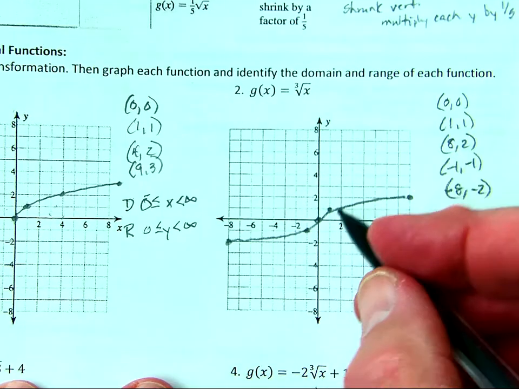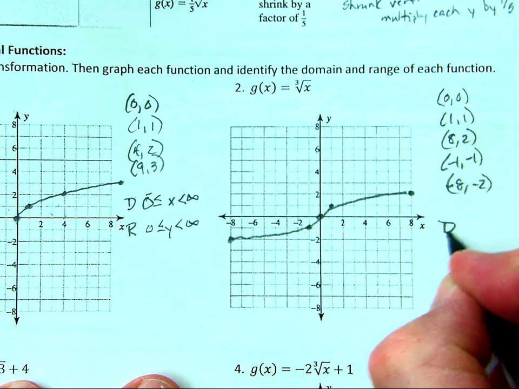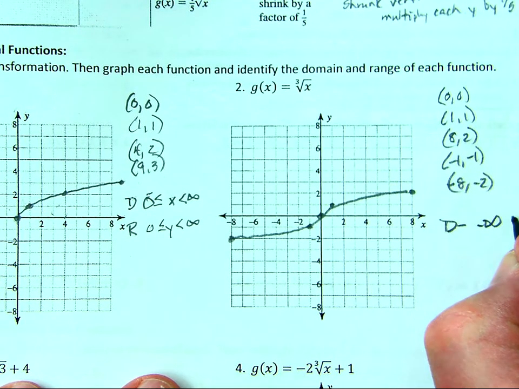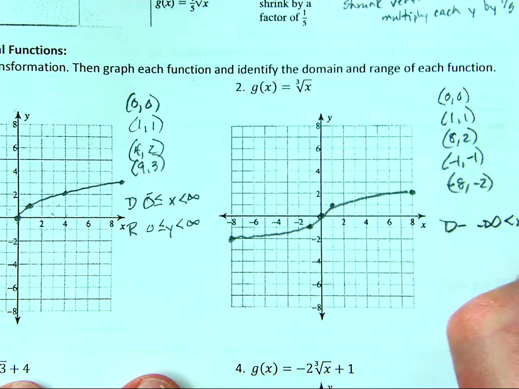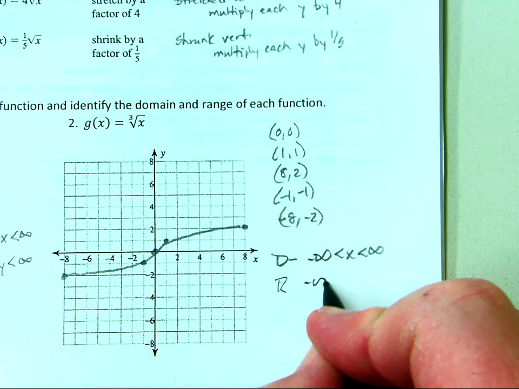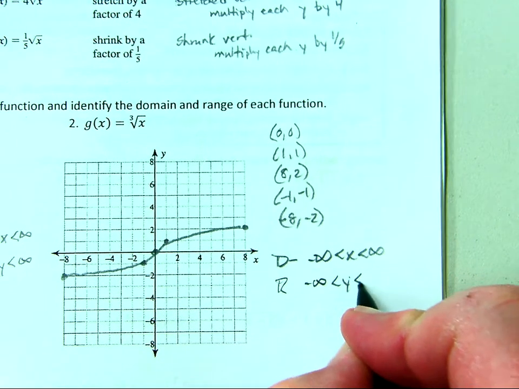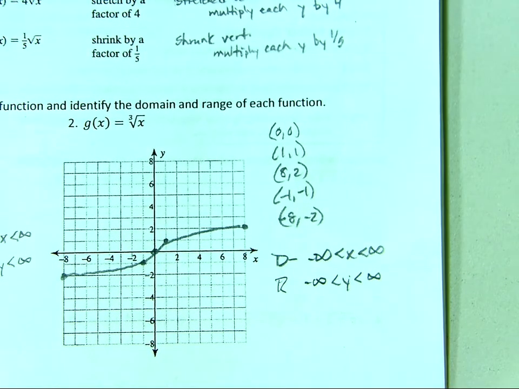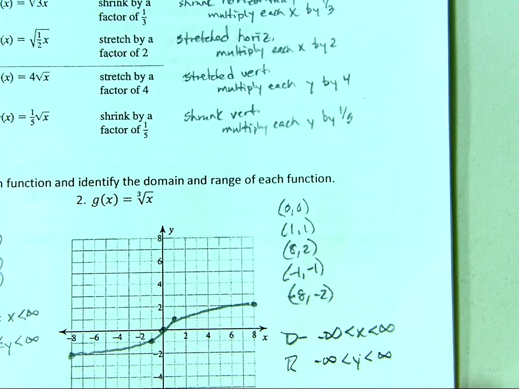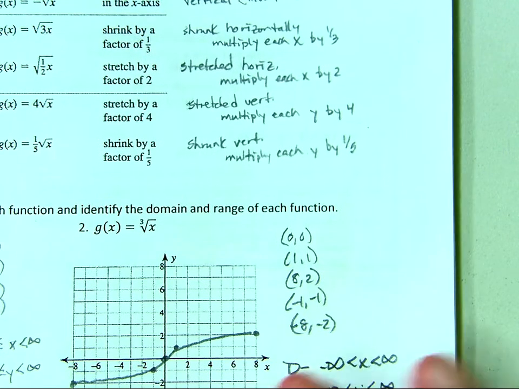Now for this one, like we mentioned on the cube root graph, the domain is all real numbers. So we can say all real numbers, or we can put it like this: x is greater than negative infinity and less than positive infinity. The range would be the same thing. So all real numbers.